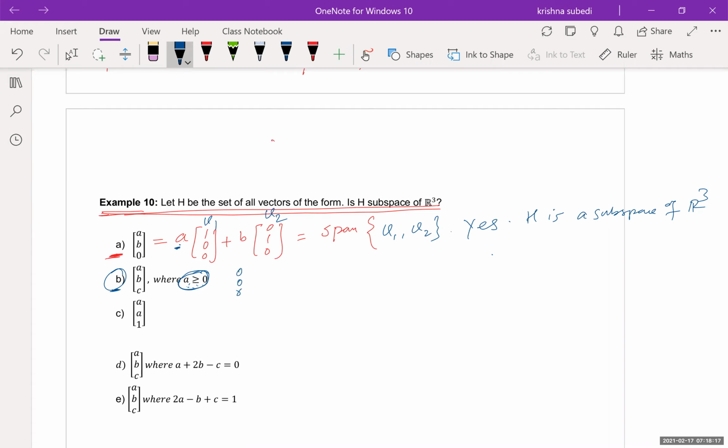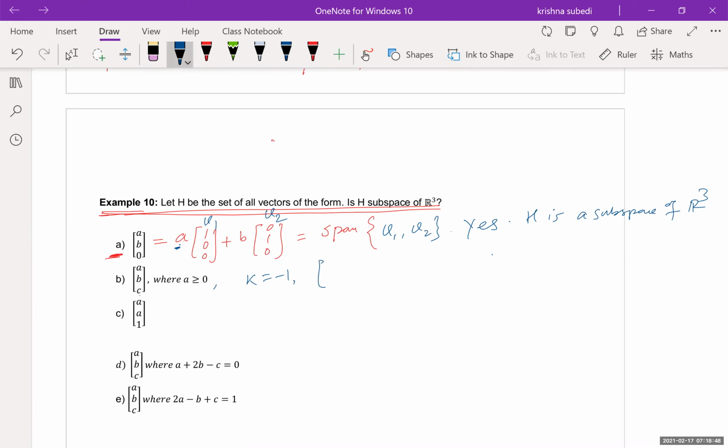You can get all the zeros by supposing a equal to 0, b equal to 0, c equal to 0. And closed under vector addition also satisfies. But if you look at scalar multiplication, it is not closed under scalar multiplication. Make sense? Suppose k is, let's say, -1, for example.